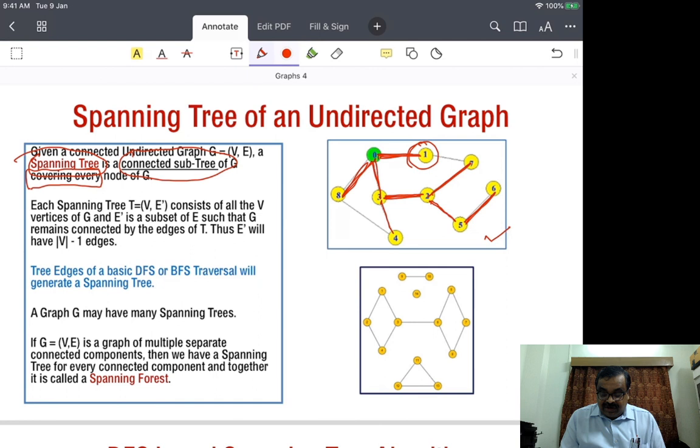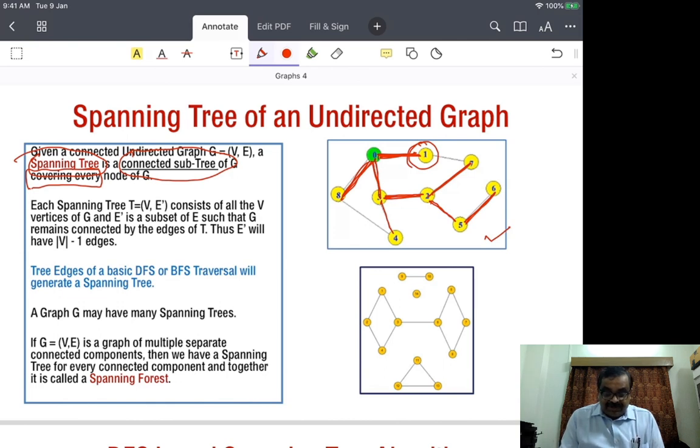And suppose if we add this edge, then we have these 8 edges: 1, 2, 3, 4, 5, 6, 7, 8. As we see from the red colored edges that we have here, there are 9 nodes in this graph, 0 to 8, and there are 8 edges which form the spanning tree.